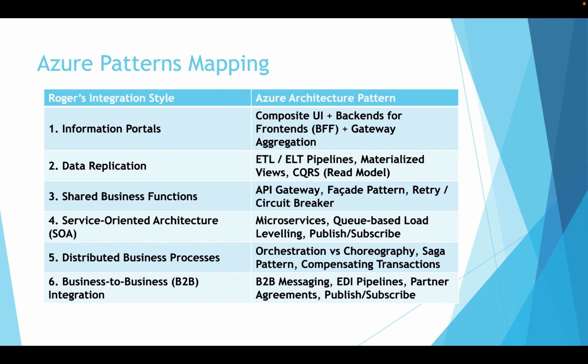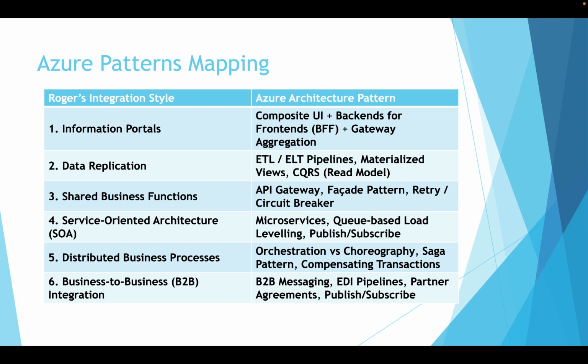Now we have data replication. In this scenario, we use ETL pipelines, materialized views, CQRS. These patterns will be applicable to data replication. Then we have shared business functions: API gateway and facade pattern, because we are talking to a common service, so it provides a facade. Retry and circuit breaker will also be useful.